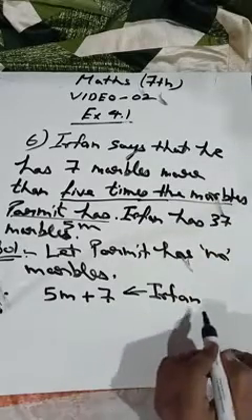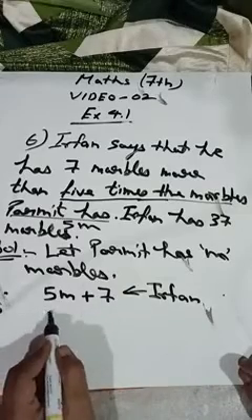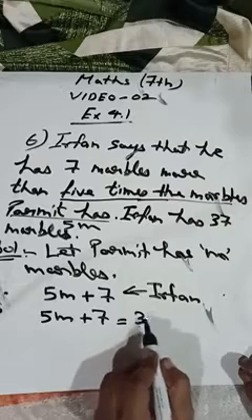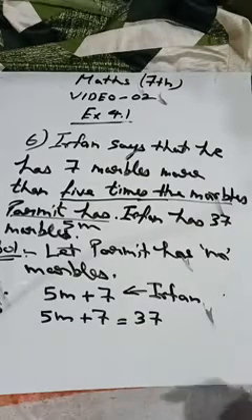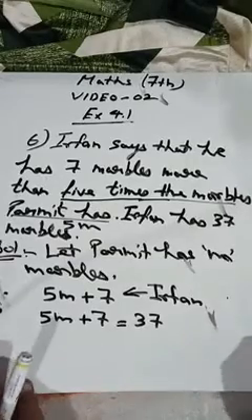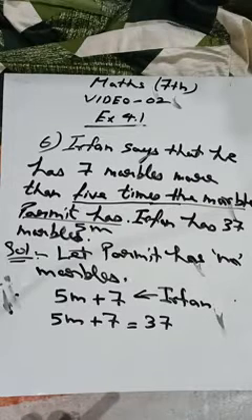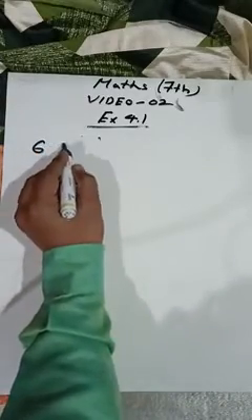So this 5m plus 7 will be equal to 37. So this is the required equation. Likewise, you can do the rest of the parts of this question number 6. Now let's take one more question of the sixth question, that is part number 4.